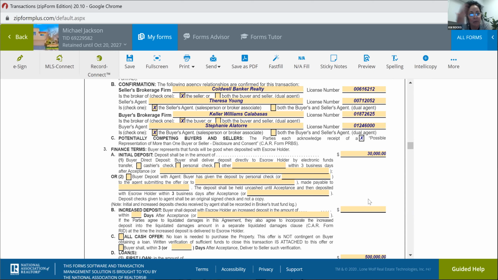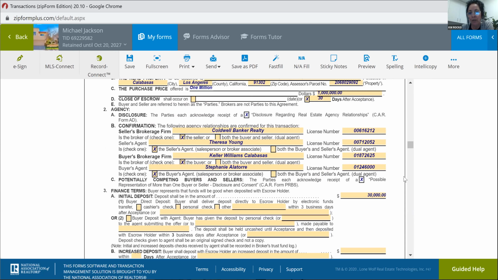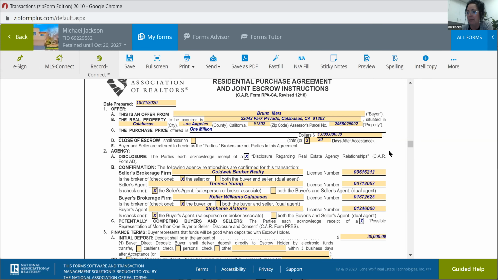So you just want to keep 3%. And then also I want to give you guys, if people ask what their property taxes are going to be, to give you an estimate, you can always multiply the purchase price by 0.0125.